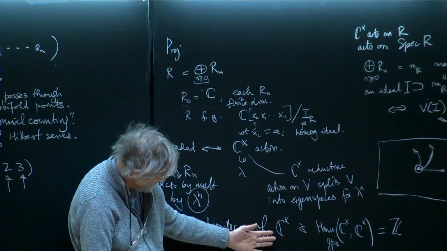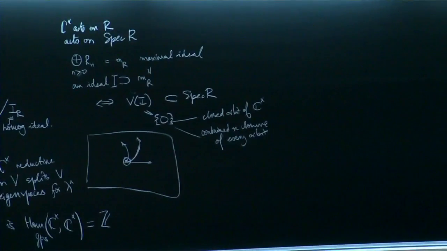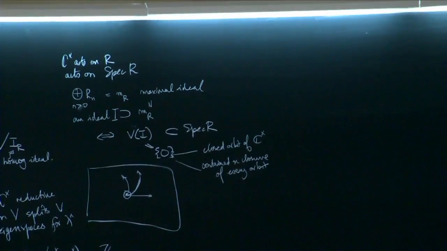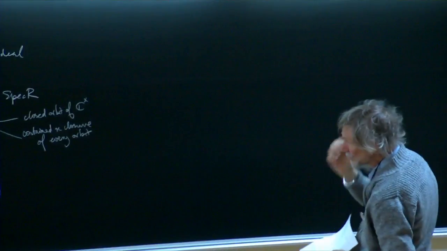So one parameter subgroups appear in a very fundamental way in geometric invariant theory, or quotients by groups other than C star. This is very general stuff that you really need to know.